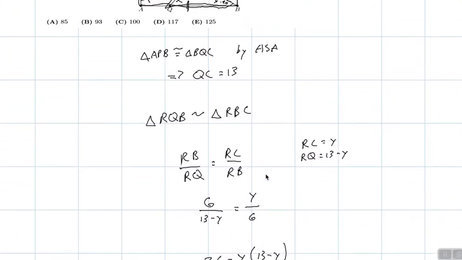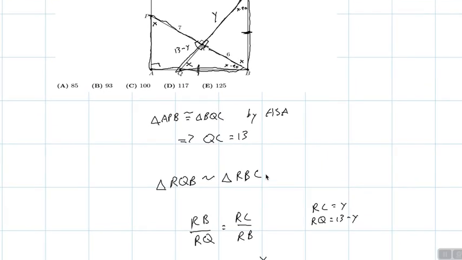And coming back up here, if you look at the triangle RCB, we found that RC is 9. We already have that RB is 6.